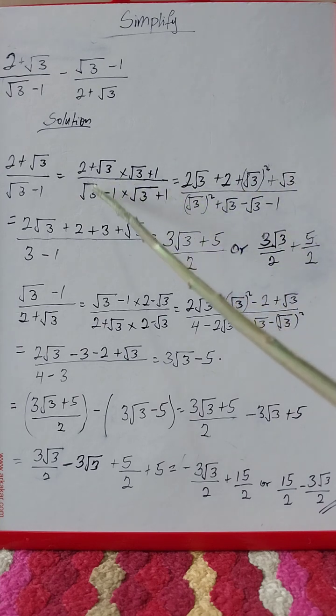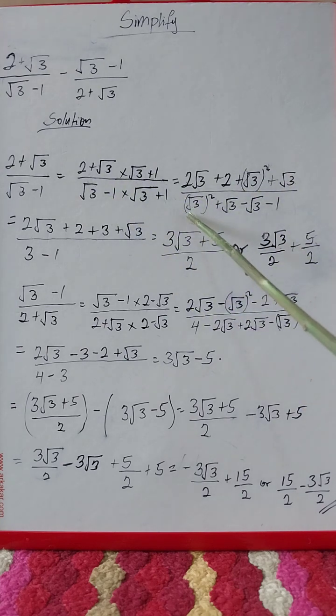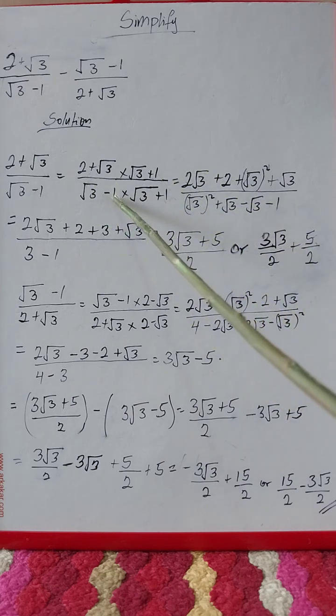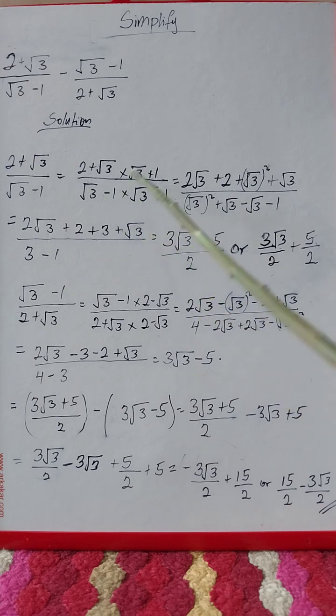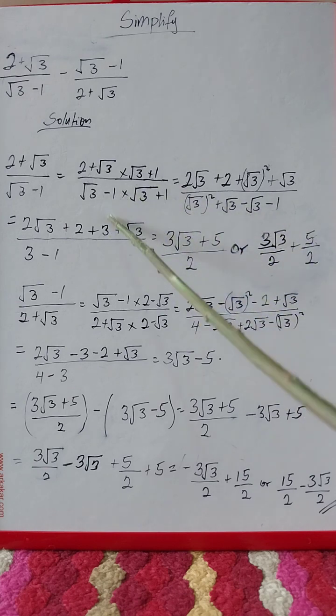Denominator: root 3 times root 3 gives root 3 squared, root 3 times 1 gives root 3, negative 1 times root 3 gives negative root 3, negative 1 times positive 1 gives negative 1.